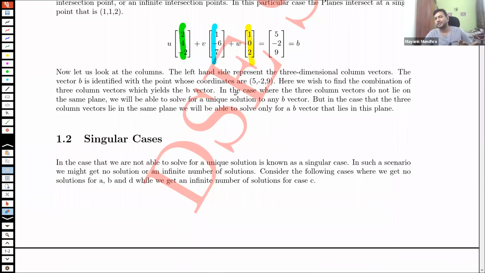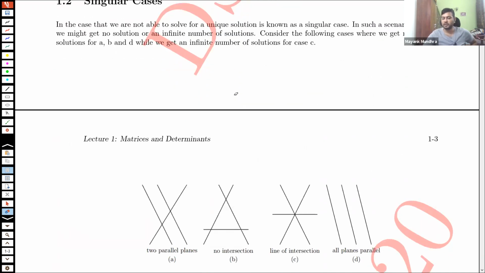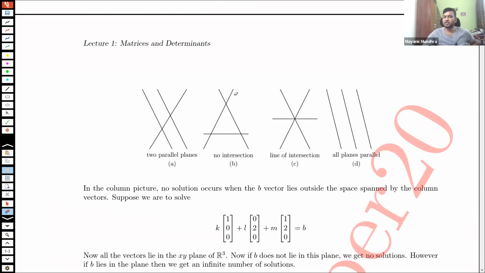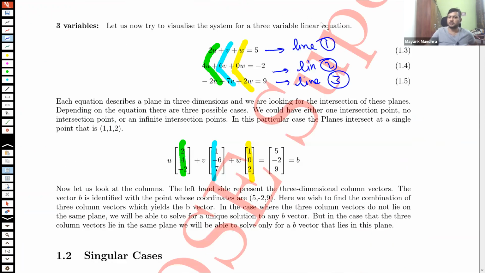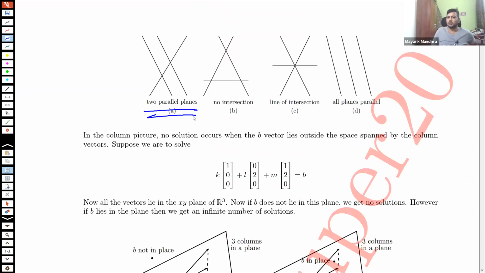Now, solving it is the second step. The first step is knowing what the different scenarios are that we can end up in. When you talk about the intersection of lines, suppose we are looking for the intersection of 3 lines. Coming back to this sort of representation, we have 3 lines in 3 dimensions and we are trying to find the intersection of these 3 lines. We could have a situation like this where there are 2 lines which are parallel to each other.